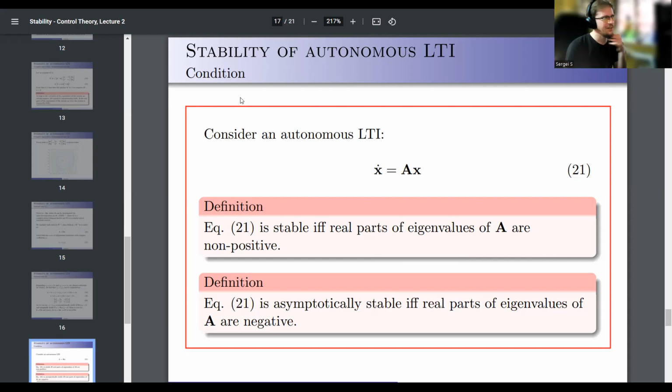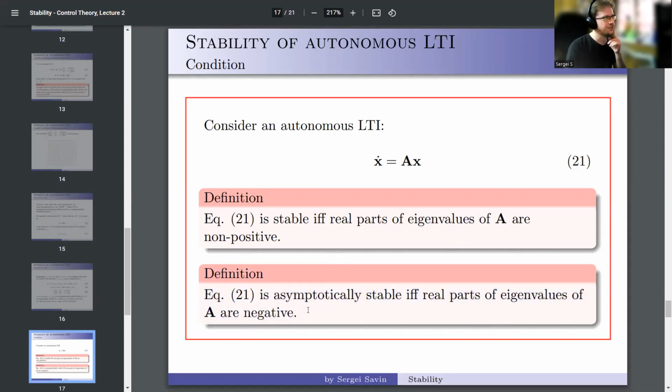So you can watch it. It's pretty interesting. But the logic, I think, is more cleanly seen through those particular examples. This is a general result, and it is always true for autonomous LTI systems.